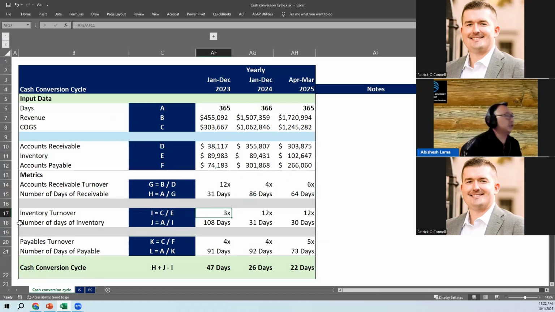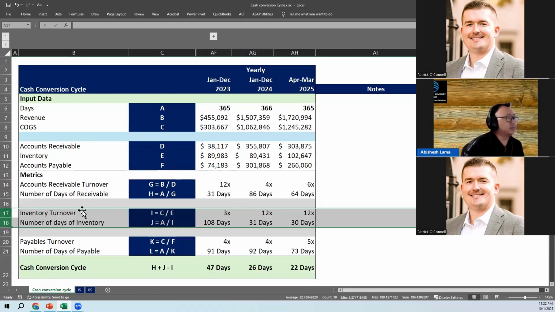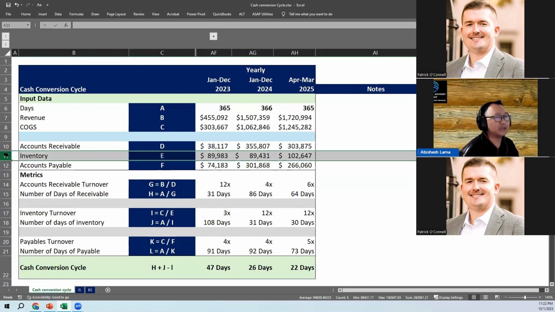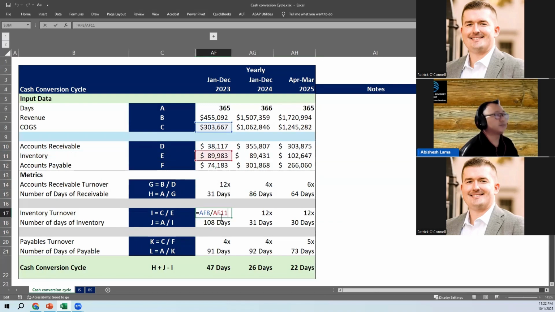Additionally, now we'll talk about inventory days. Again, similar to accounts receivable, what we would do is cost of goods sold would be divided by the inventory balance in the balance sheet.